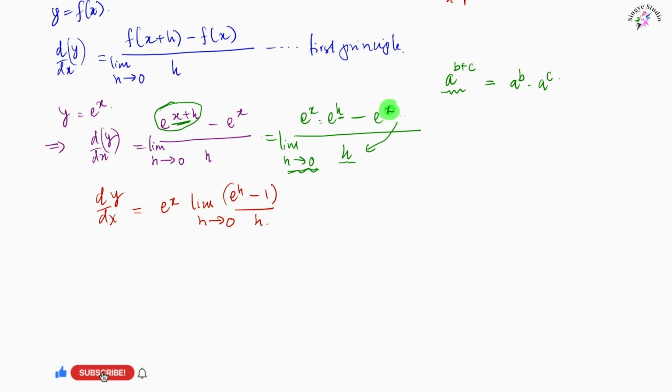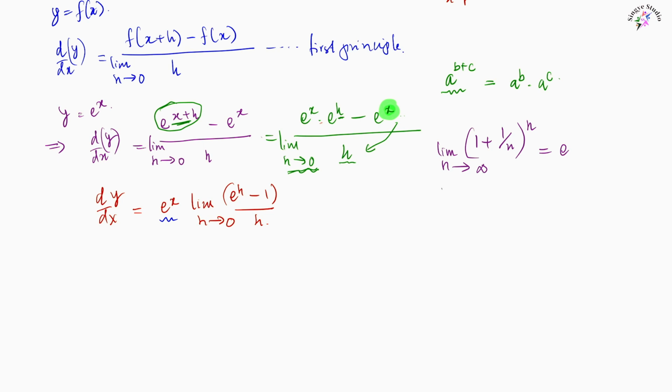Now, as we have discussed in an earlier video, there are two important results of the limit which revolve around this e, the transcendental number. That is, if we have 1 plus 1 over n whole raised to n, and n approaches infinity, then it will result in this number e.